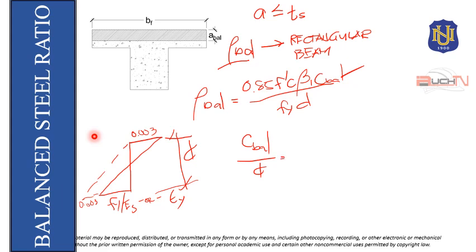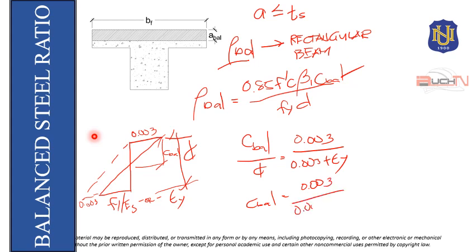So, ibig sabihin, pag nag-ratio and proportion tayo, kung ito si C balance, that means that will be 0.003 plus E sub Y. So, ang C balance natin manggagaling sa 0.003 over 0.003 plus E sub Y, times D. Yun ngayon yung magiging condition for the balance steel ratio for A or yung actual value ng A lesser than or equal to T sub S.